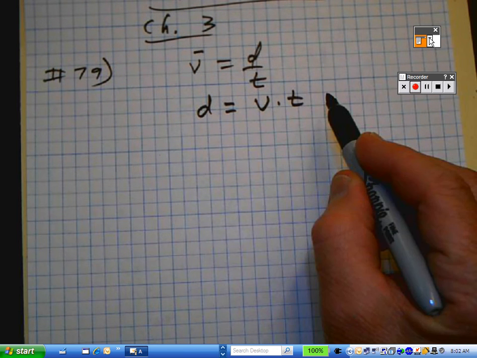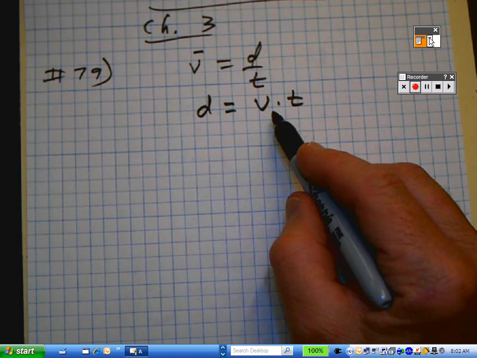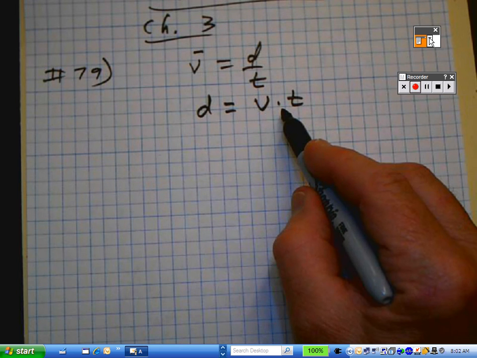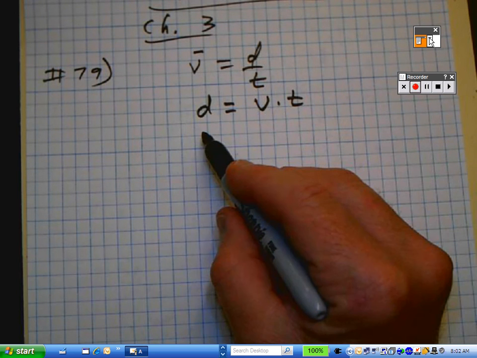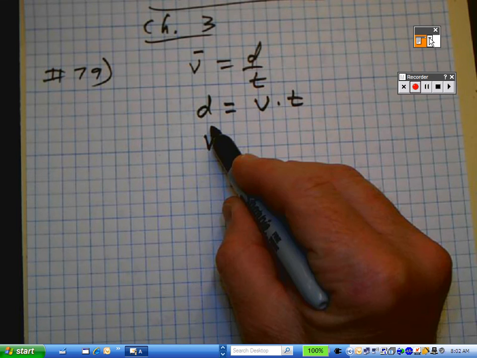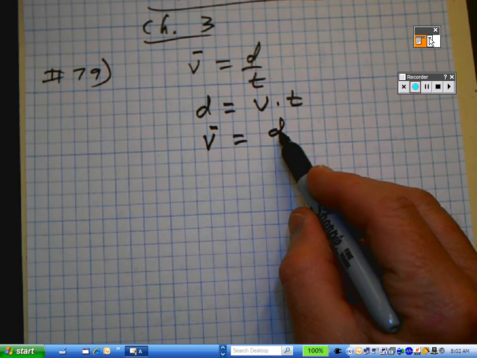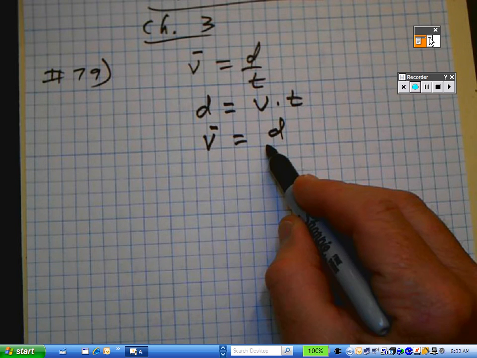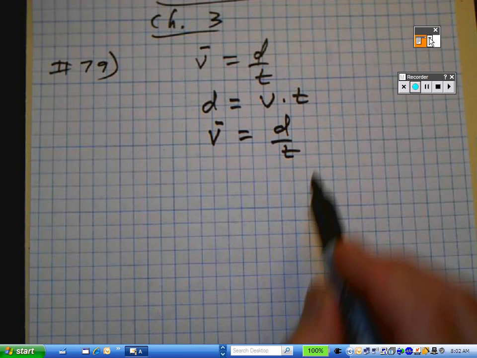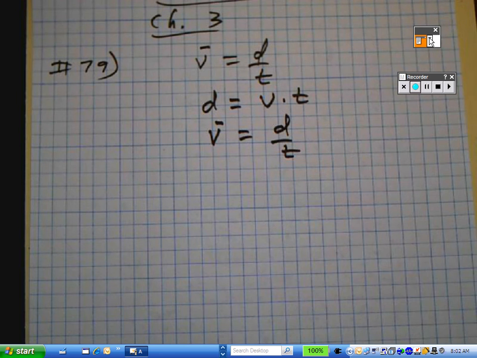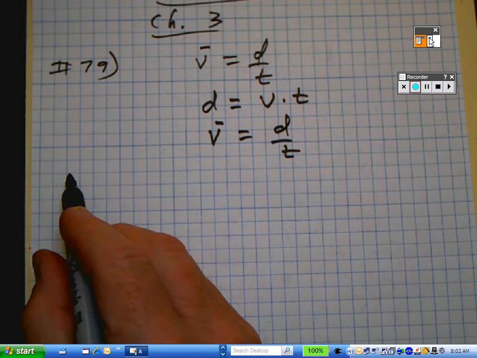Now each car will travel a displacement. Once you find those, then you can put them together and then find the average velocity for the entire journey, which is the total displacement the car travels divided by time. So that'll be a good way to start number 79, both part A and B.